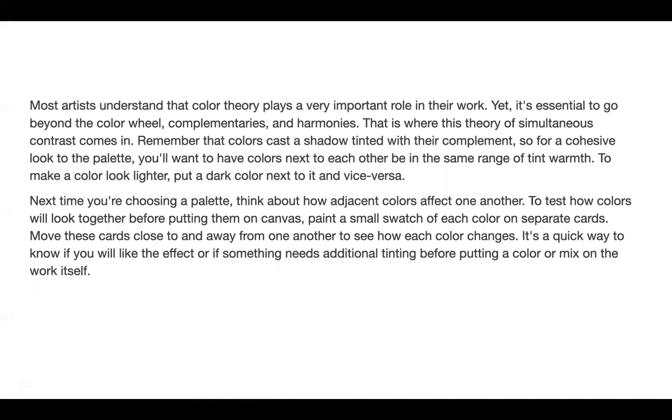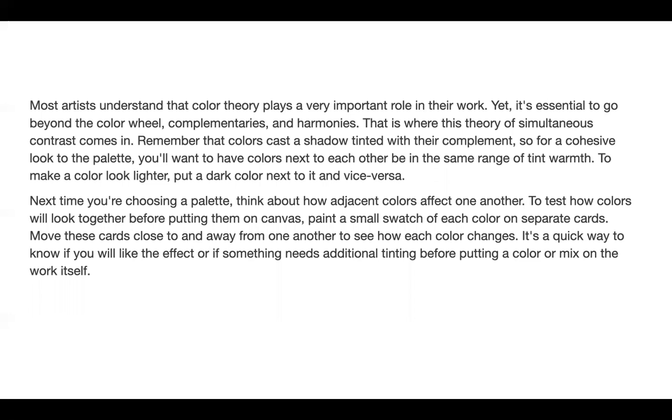To make a color look lighter, you'll place a dark color next to it, and vice versa. So we'll do a whole project when we're picking a palette, and then we'll apply that palette later. But you think about how adjacent colors affect one another. And to test how they'll look before putting them on a canvas, you paint a small swatch of each on separate cards, and you move them close to and away from each other and see how this changes.